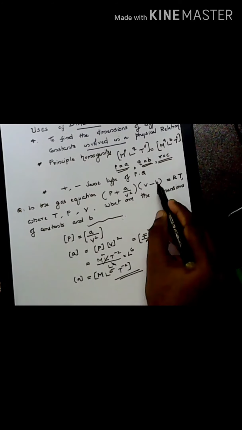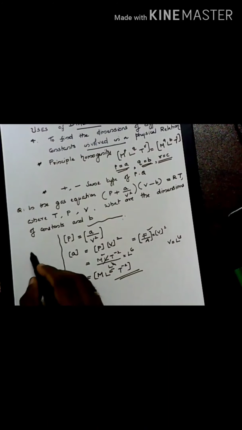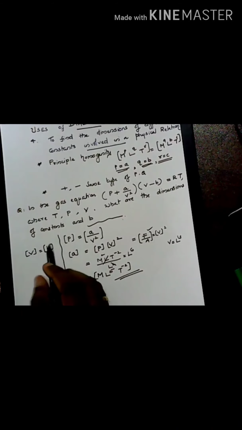A good question for entrance exams too. And similarly, if you look into the second term, that is it is given as V minus B. That means the subtractions are possible with the same type of parameters and hence the dimension of the volume should equal to that of B. It is another very important concept.